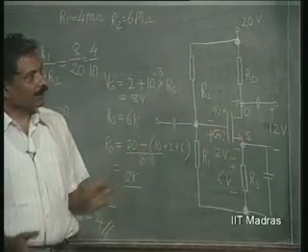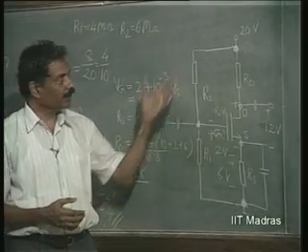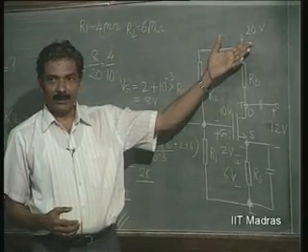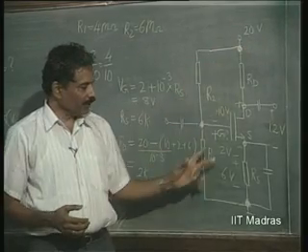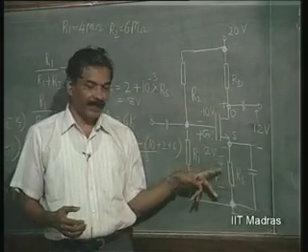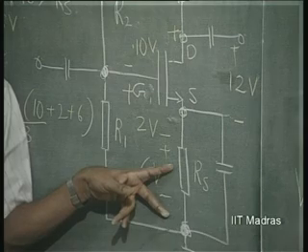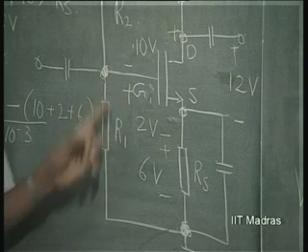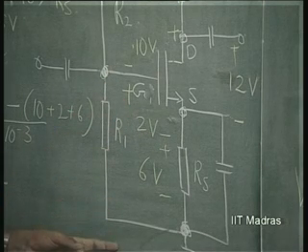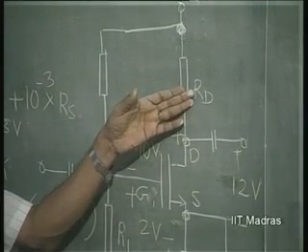So let us say if you were asked to select VDD properly, then for a 2 volt drop you would take a 20 volt drop here. So 20 volt drop, 2 volts drop, this would be 22 volts, and substantial gain for the field effect transistor.